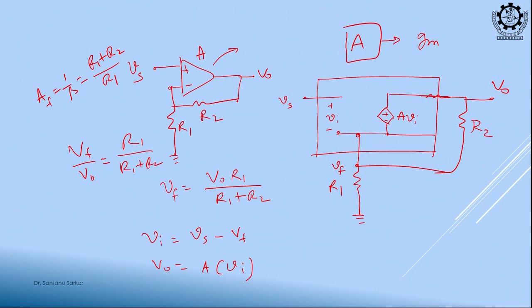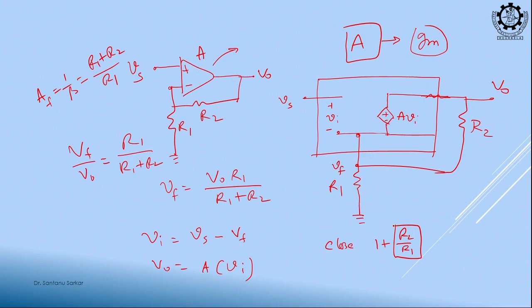So, we do not have any control over the transconductance. This depends on the technology parameters, right. Now, if temperature is changing, this may change and gain may change, but our closed loop, what is that? 1 by beta. What is that 1 by beta? 1 plus R2 by R1.